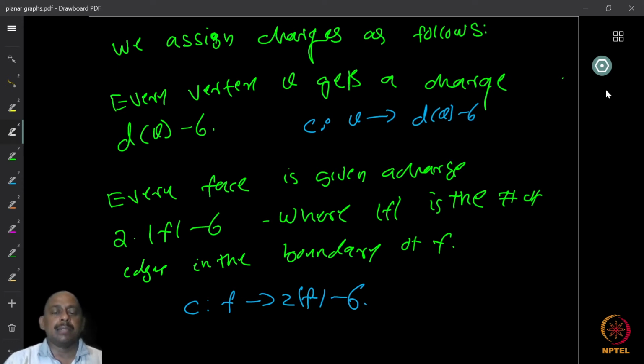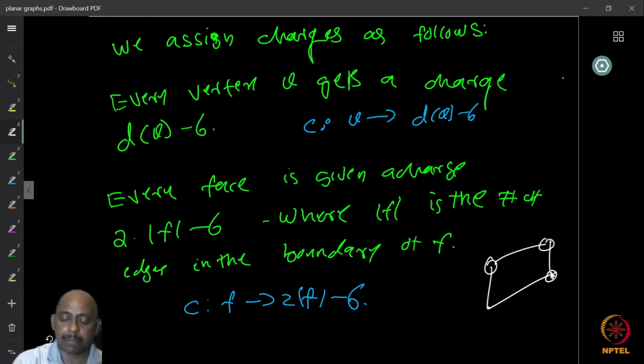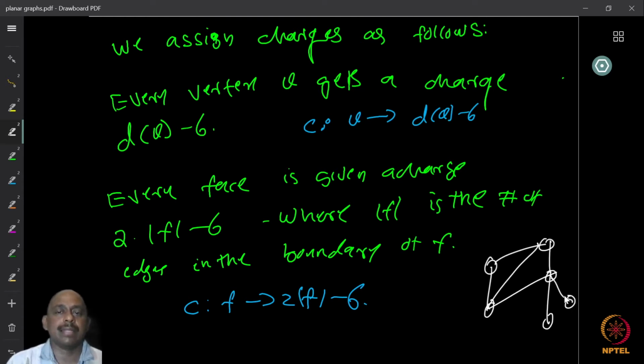Now what we do is that once we have this embedding, we assign charges to the vertices and faces as follows. Given a graph, we look at every vertex and say that this vertex gets a charge equal to its degree minus 6.